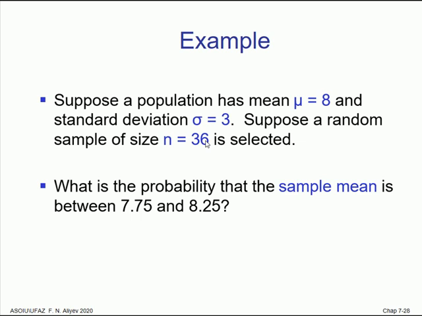We can take the sampling distribution as normal because of the central limit theorem, because the sample size is more than or equal to 30, because of 36. So we will apply the standard normal distribution to calculate this probability.